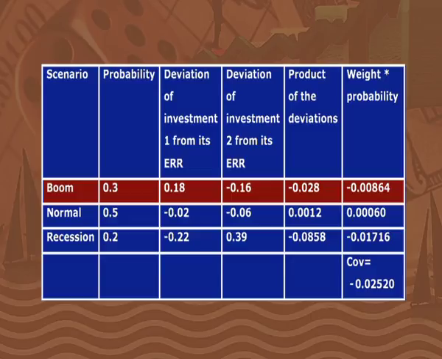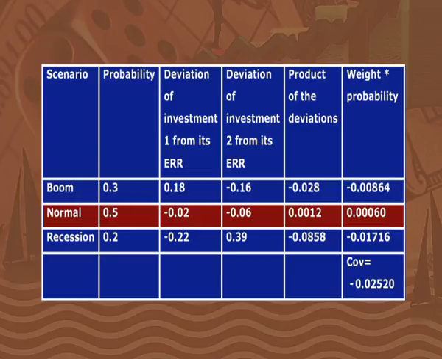The product of the deviations will be minus 0.028. Weight multiplied by the probability will be minus 0.00864.